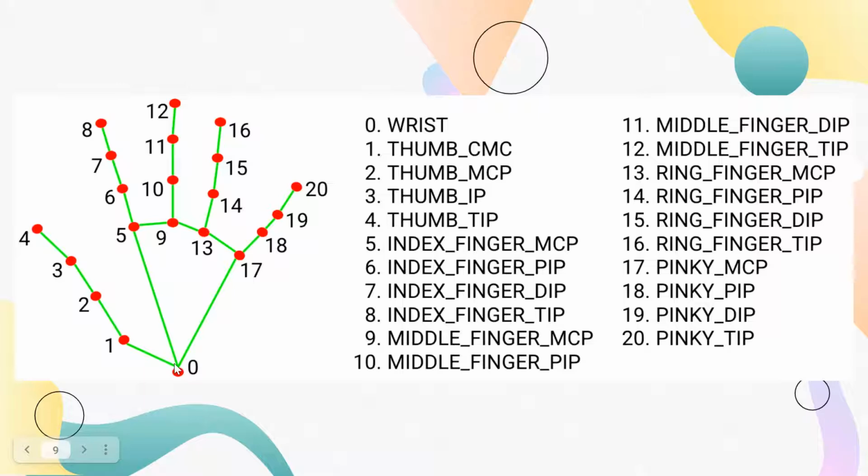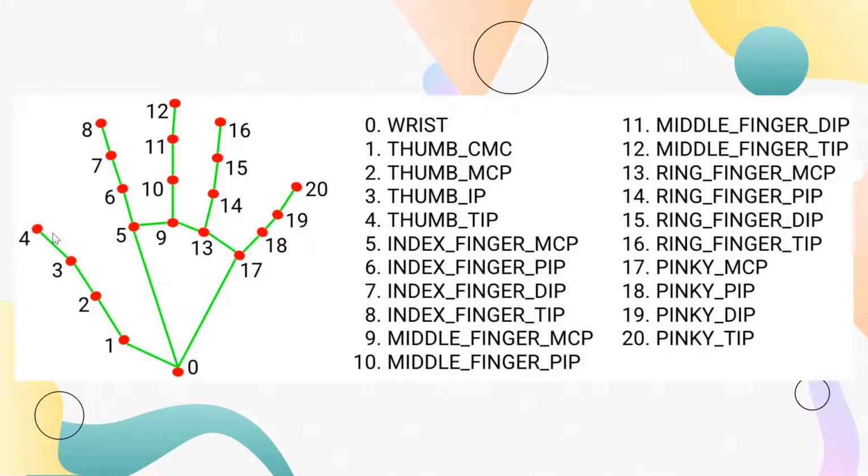So that's basically what I was talking about with the ID. For example, the tips are 4, 8, 12, 16. The inner joints are 1, 2, 3, 5, 6, 7, 9, 10, 11, 13, 14, 15, 17, 18, 19. So those are basically it. And all I want you to know is this is the model of how it should look.